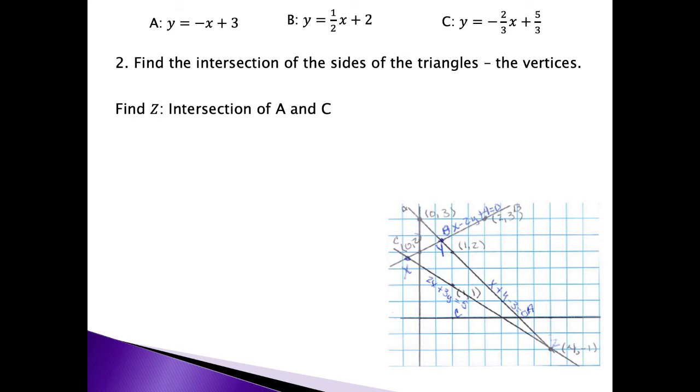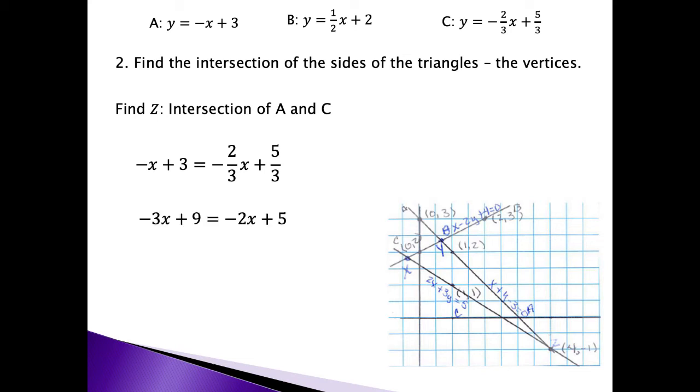and line C. To find this, I have already solved each A, B, and C for Y. So all I'm going to have to do is set A equal to C. So that's minus X plus 3 equals minus 2/3 X plus 5/3.